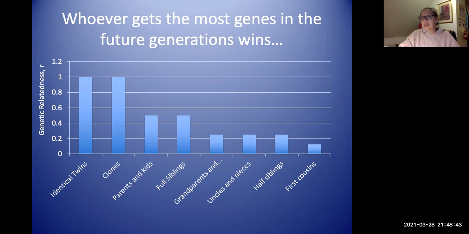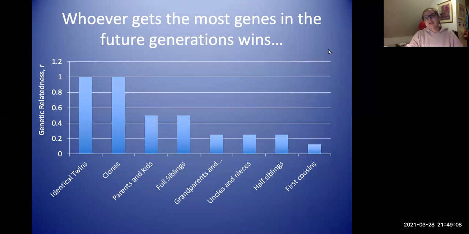So if you were looking at somebody from Finland, which is at the top of the world, versus somebody from southern Argentina, which is at the bottom of the world, and you were going to ask how related they are to each other, it would be something smaller than 0.125, right? It'd be low, approaching 0. You could say not 0, because all humans have some genes in common, but it would be approaching 0.